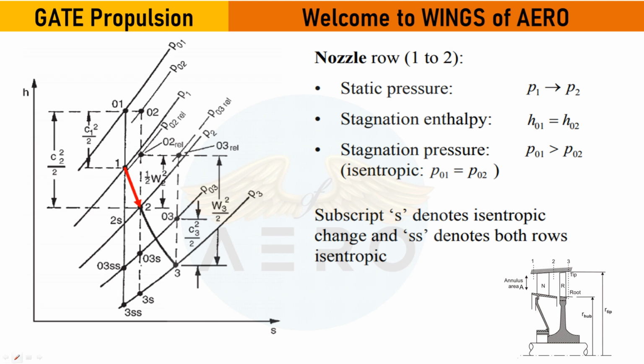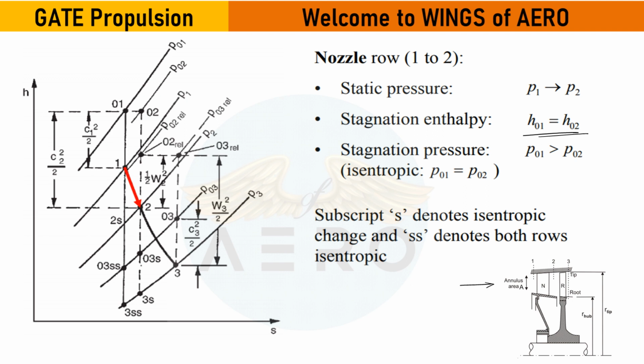In this case, what is the factor of enthalpy? Talking about stagnation enthalpy. When the flow is entering and leaving, it's going to be the same. There is no change in enthalpy.